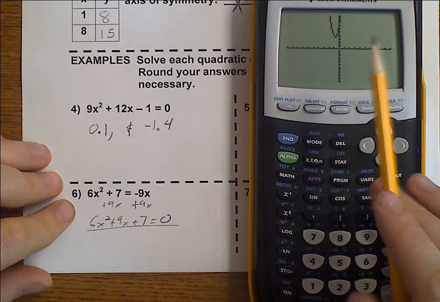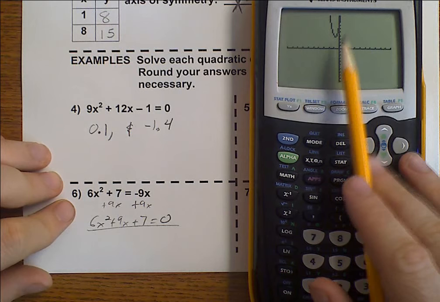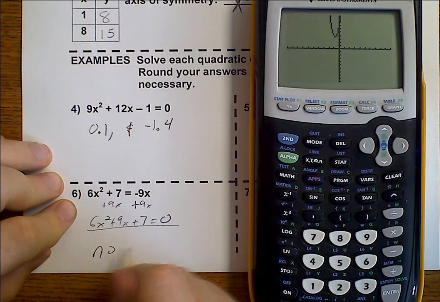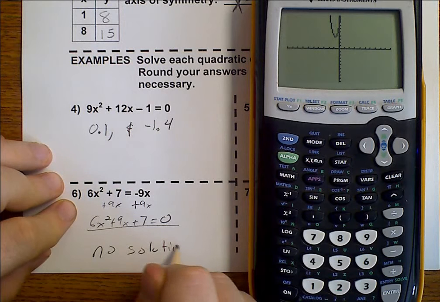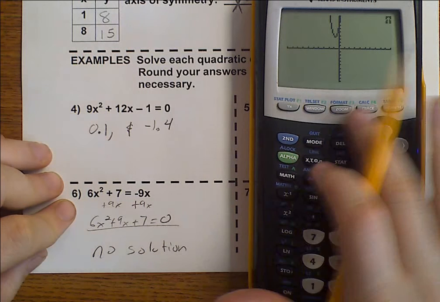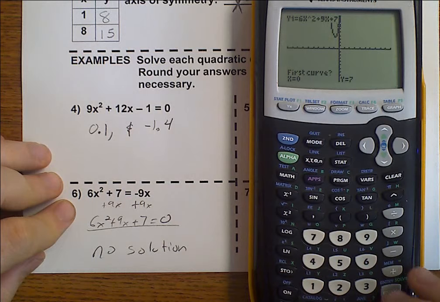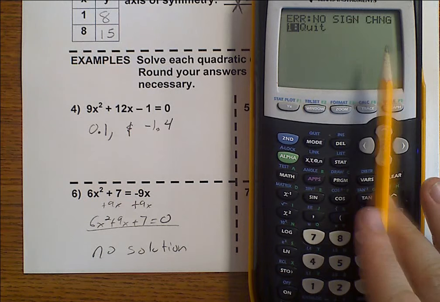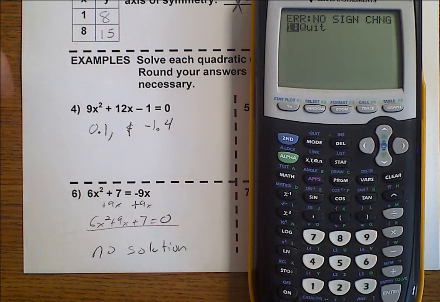Well, we look at this, and this has no solution because it is above the line. And if we do second trace, intersect, first curve, second curve, guess, it's going to run for a while and say no sign change, which basically means it came into an error.